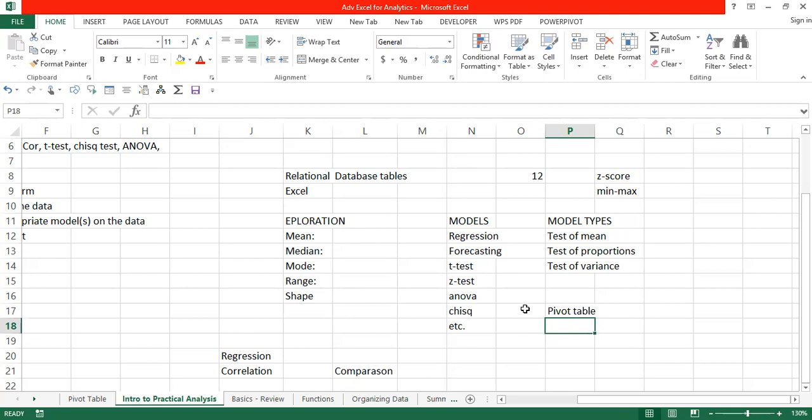Of course, you should also be able to work with statistical models in Excel. For example, you should be able to compute things like correlation. You should be able to do regression analysis. What else? T-tests.